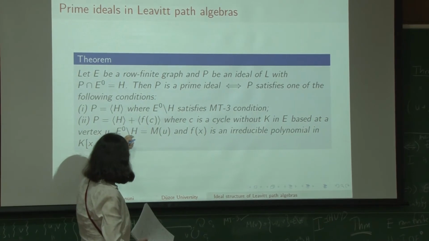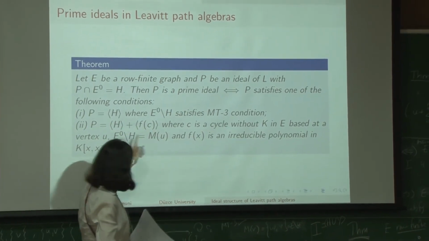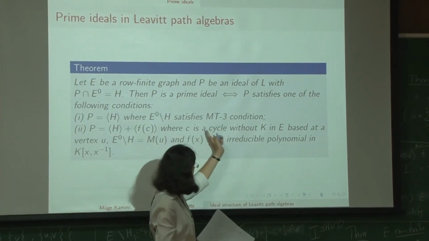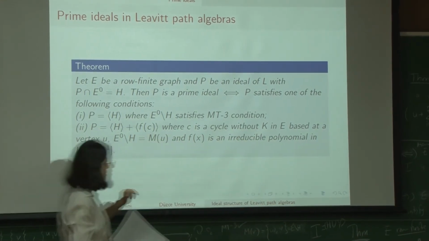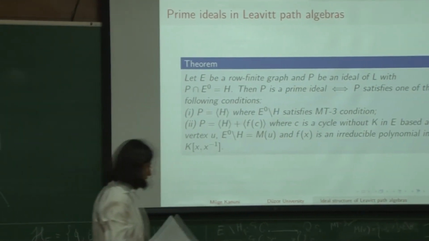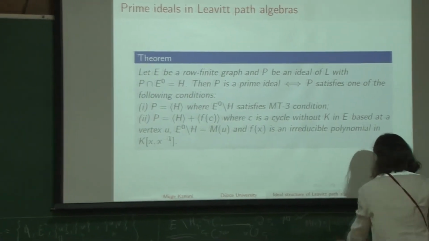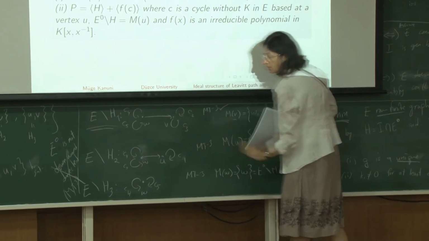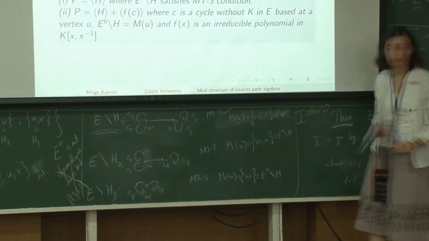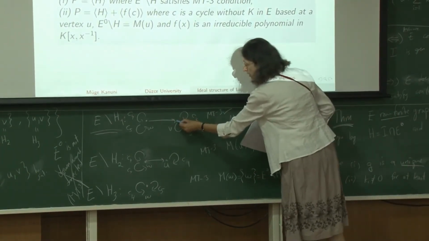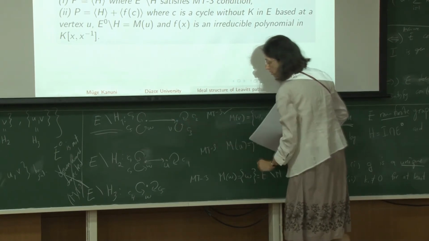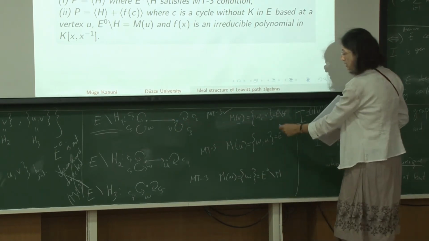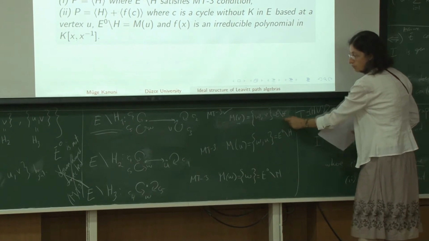E0 minus H is going to be MU, where there will be only one cycle without K based at U. Okay, this is MB. However, none of those cycles is a cycle without K, because there exist two cycles at this point. So I will not get any non-graded ideals from here.